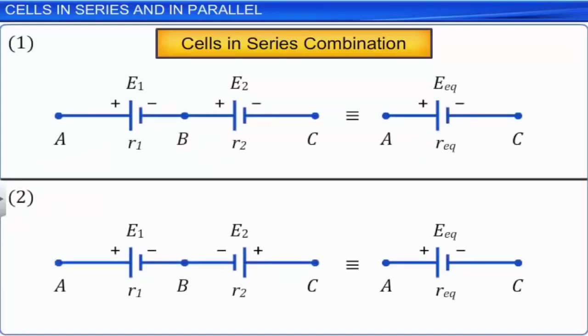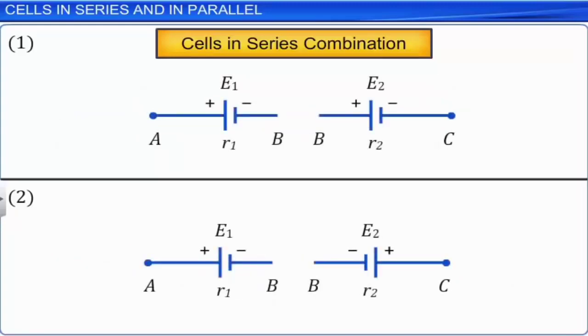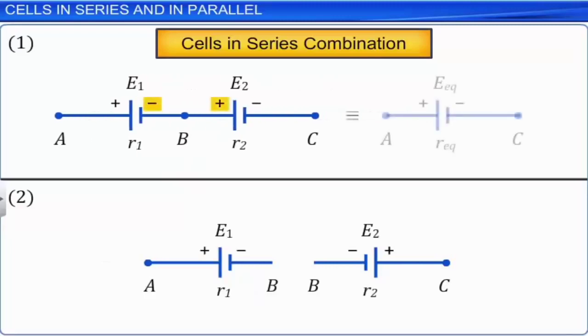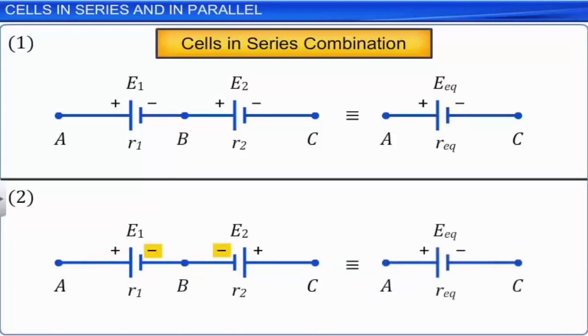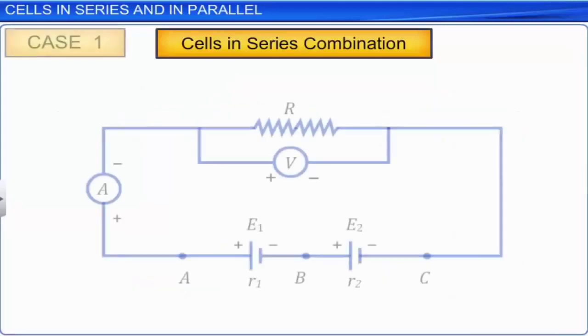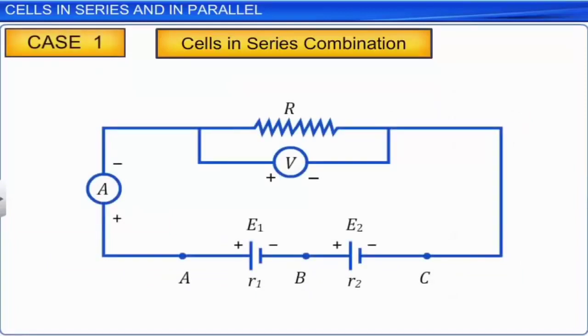In the first way, the negative electrode of the first cell is connected to the positive electrode of the second cell. In the second way, the negative electrode of the first cell is connected to the negative electrode of the second cell. Let us now analyze the first case, where the negative electrode of the first cell is connected to the positive electrode of the second cell.